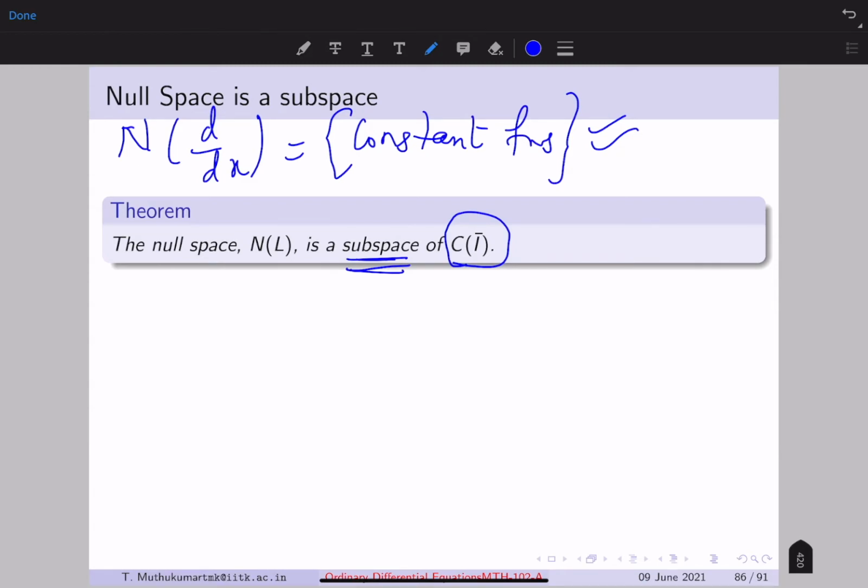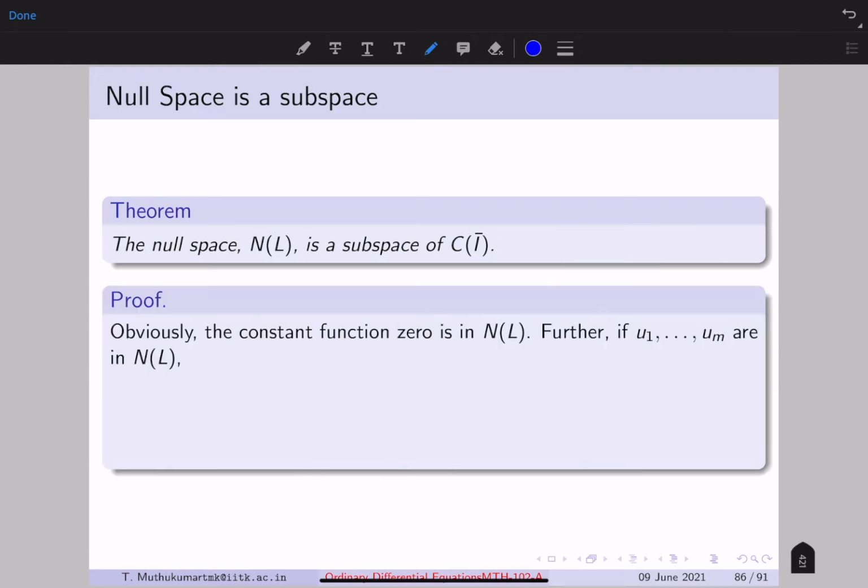So this theorem tells you that the null space of these linear operators of linear ODEs always forms a subspace of the space of all continuous functions. So how do we prove this? What should you check for something to be a subspace?